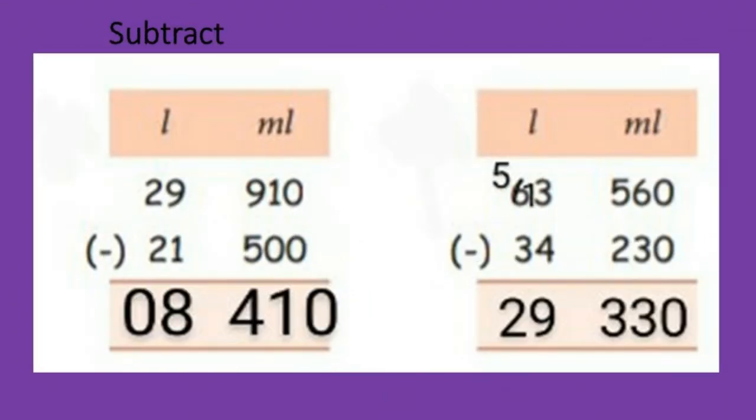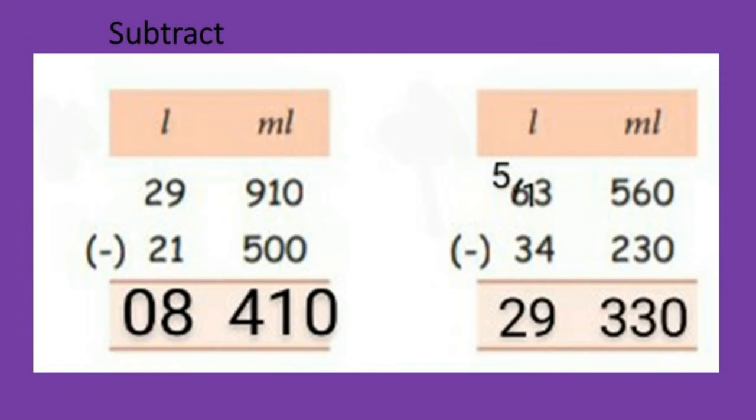Subtract the following numbers. Like addition, we have to arrange the numbers according to the digits and the units, that is liter and milliliter. 29 liter 910 milliliter, 21 liter 500 milliliter.